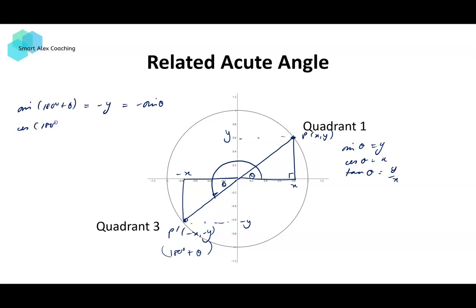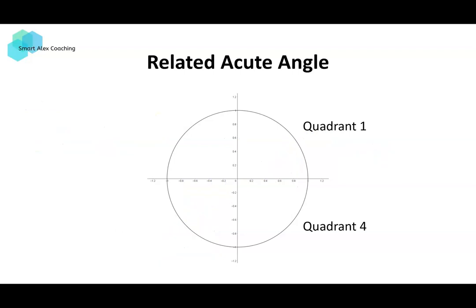Cos 180 degrees plus theta is equal to minus x, which is minus cos theta, and tan 180 degrees plus theta is equal to minus y over minus x, which is tan theta. Again, I'm able to relate the sine, cos, and tan of the angle in the third quadrant to the acute angle in the first quadrant. Repeating the same process for quadrant 4 as well.